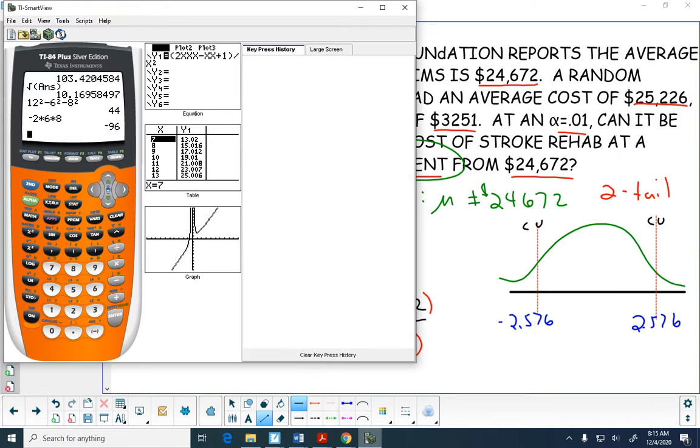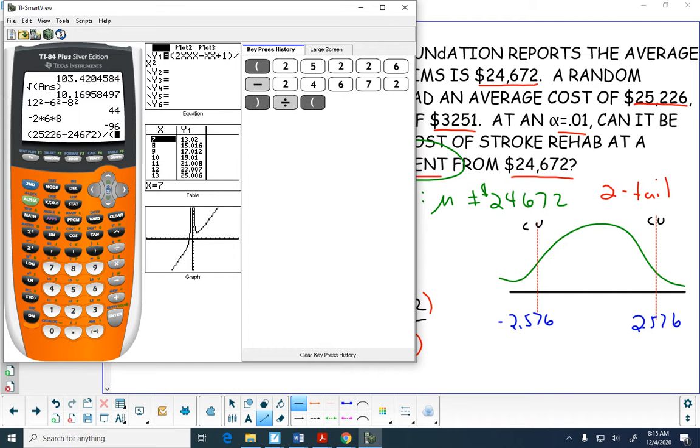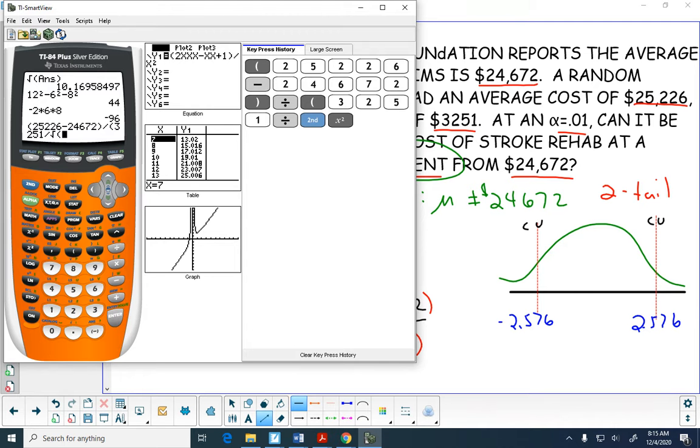So parenthesis 25,226 minus 24,672, divided by parenthesis 3251 divided by the square root of 35, and parenthesis and parenthesis.